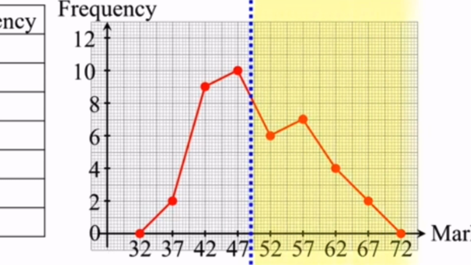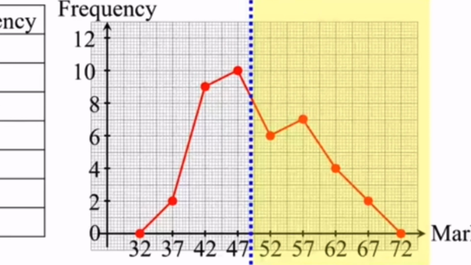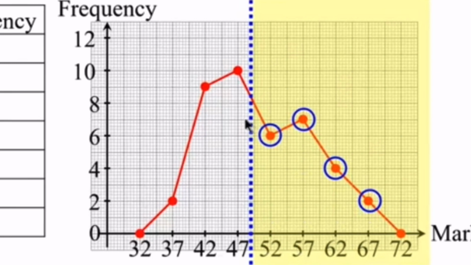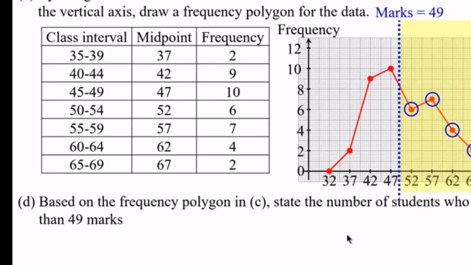So we can add up the number of students who passed the exam. You just take all the points that lie in the yellow region, and we add up all the frequencies to answer how many of them are more than 49.